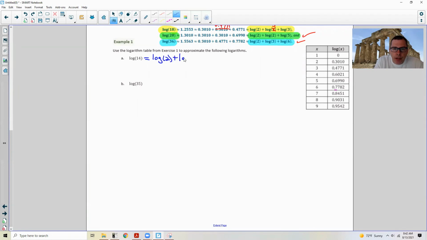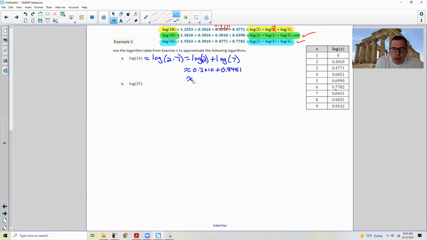Let me write it this way first. The log of 14 can be rewritten as the log of 2 times 7 because 2 times 7 is 14. Agreed? And with our new rule, I can now say that that would be the log of 2 plus the log of 7. So that's going to be an approximation of log of 2, 0.3010 plus log of 7, 0.8451.